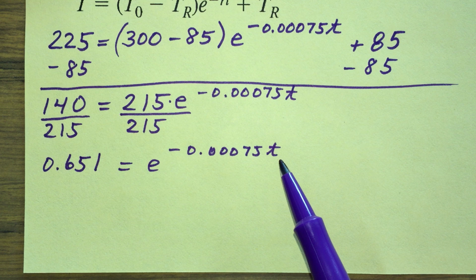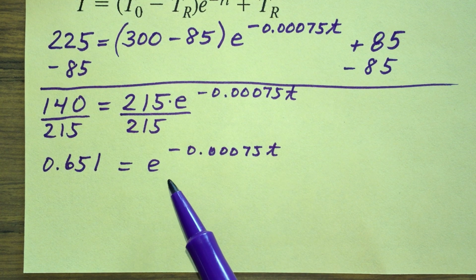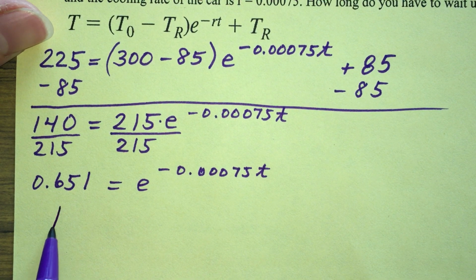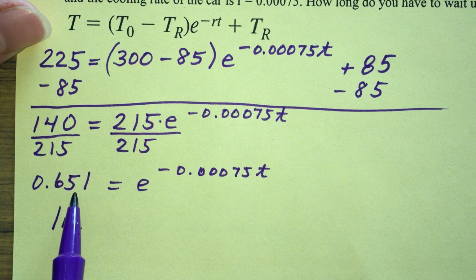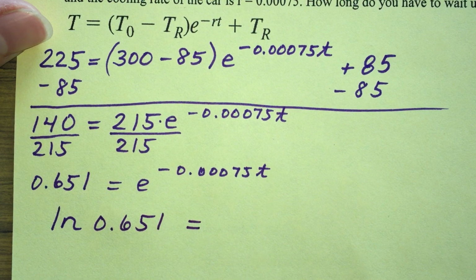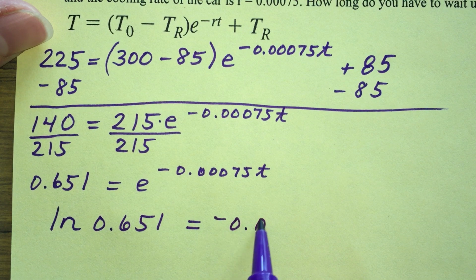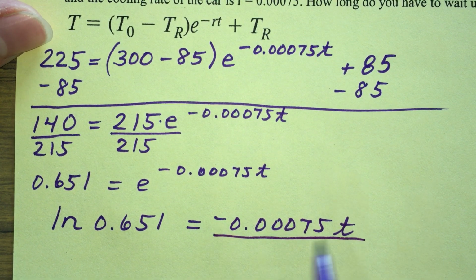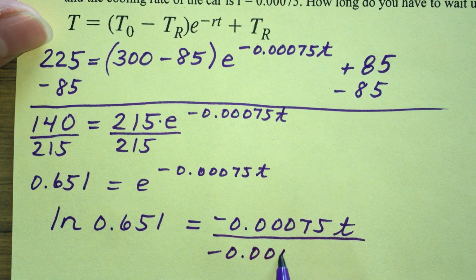We're going to think about a log. Log base e is otherwise called ln, or natural log. So here we have log base e. The argument of this log is going to be 0.651. And logs give us the exponent, so the exponent is negative 0.00075 t. Last step to get t by itself is to divide by that crazy number.